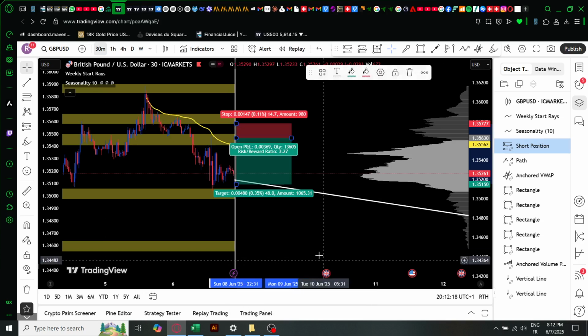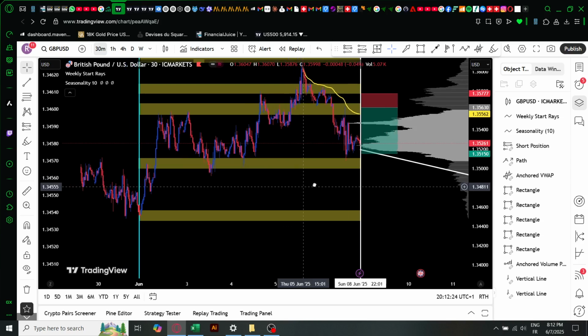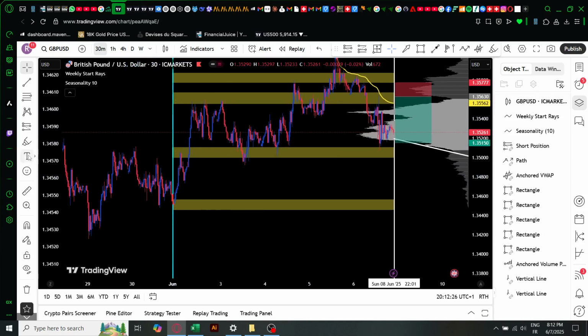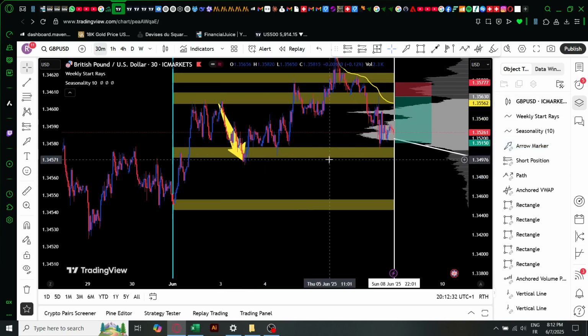Since this is a very strong bearish seasonality, strong sentiment, I can go for TP2, which is this level. You can see that this is a strong bearish move, so targeting this level is good.